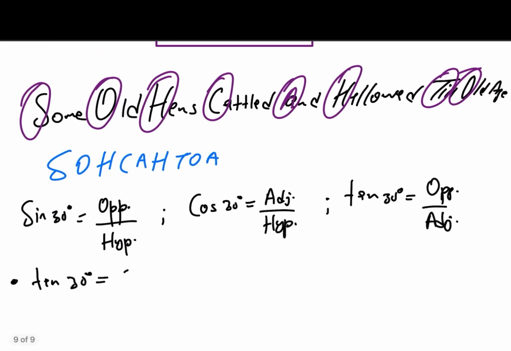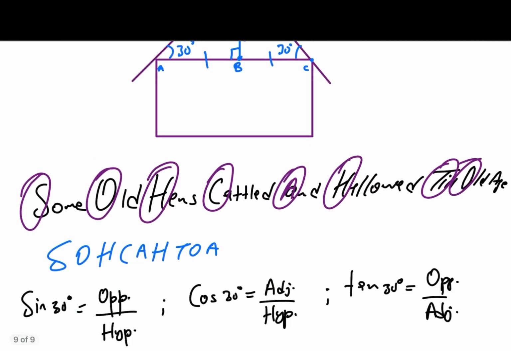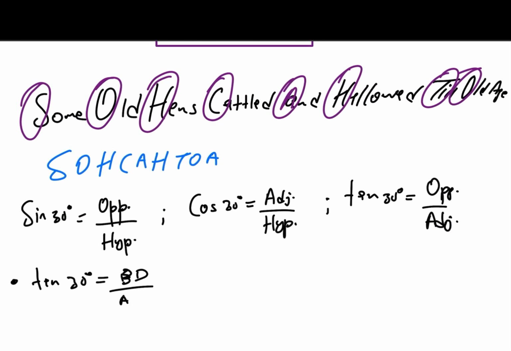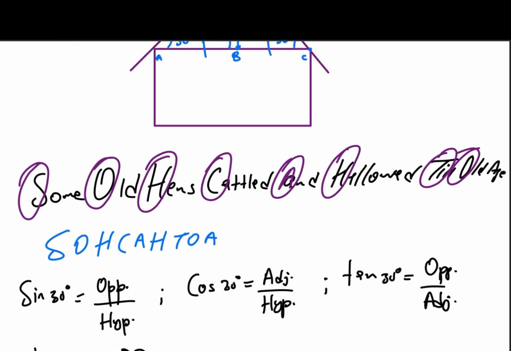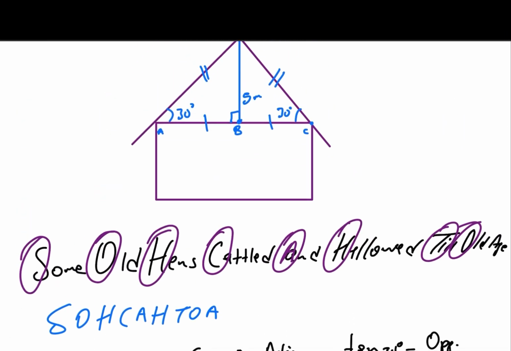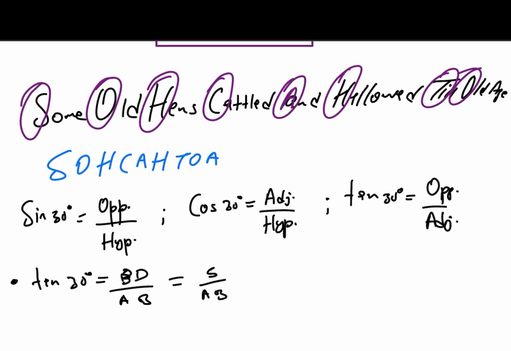That's the opposite side of 30, BD, over the adjacent side of 30, which is AB. So BD is 5 meters, and AB is what we are trying to solve.